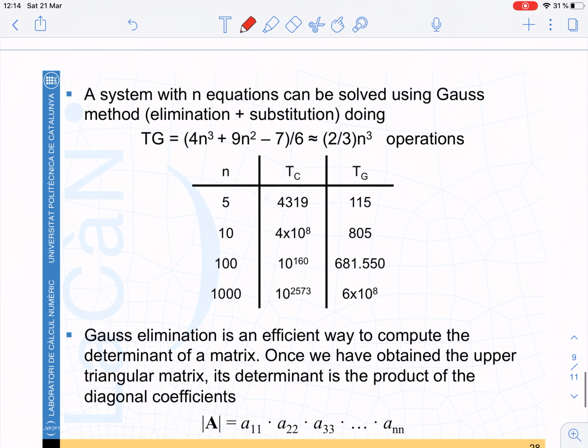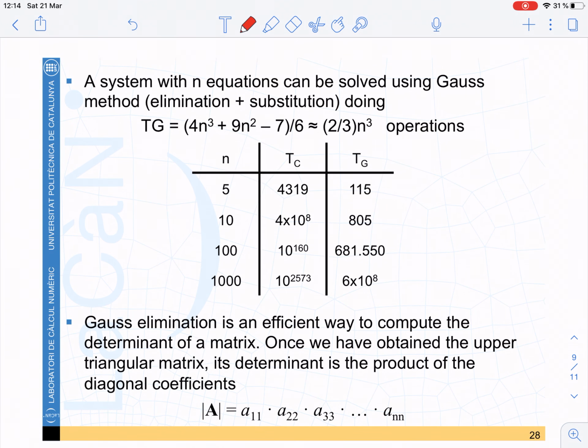What about the operation count of Gauss method? Okay. If we count all the operations involved, namely both elimination and substitution, we end up obtaining that it takes 4n cubed plus 9n squared minus 7n over 6 operations. For large n, this is more or less 2/3 of n cubed.